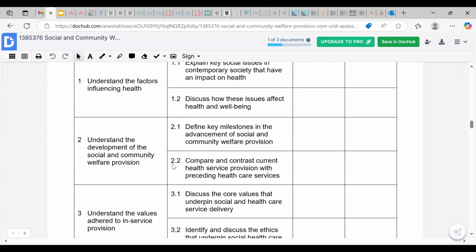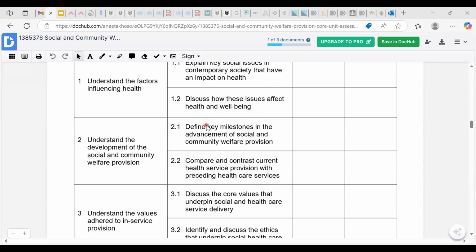The first learning outcome, which we will discuss today, is understanding the factors that influence health. Here we are going to explain the key social issues in contemporary society that have an impact on health. Because we are talking about social and community welfare provision, you will explain social issues, and then discuss how these issues affect health and well-being.